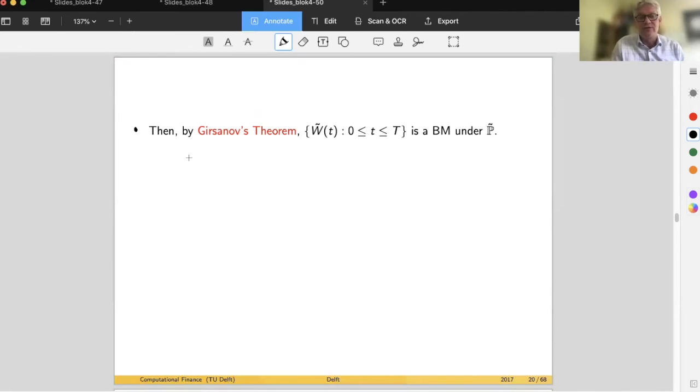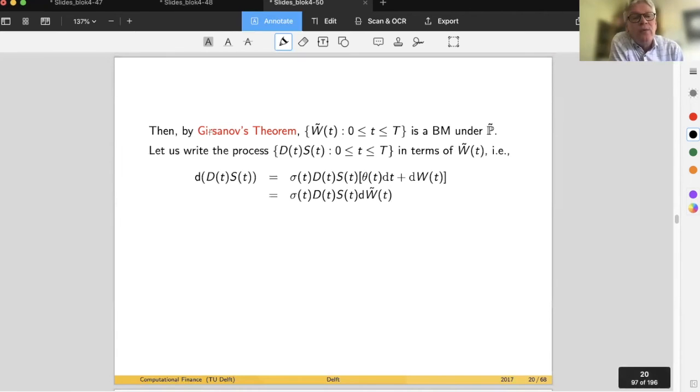So we make use of that, and we will rewrite the discounted stock price process between 0 and capital T in terms of this Brownian motion W tilde.